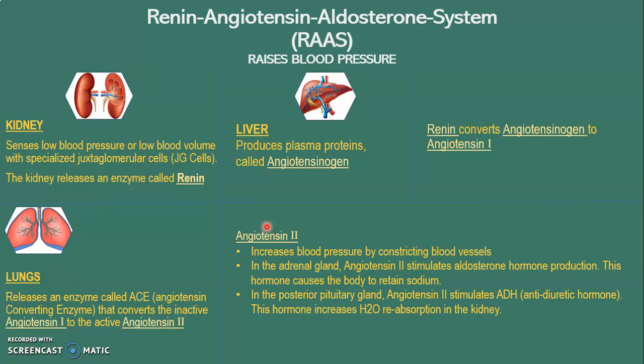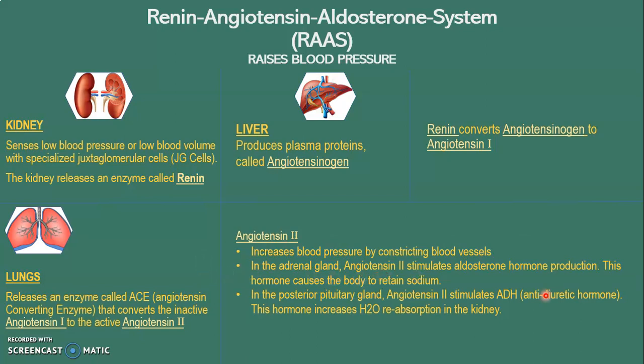The first thing angiotensin 2 does is increase blood pressure by constricting blood vessels. Whenever you have constricted blood vessels, your blood pressure increases. The other way is in the adrenal gland.